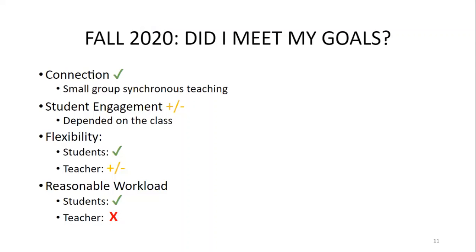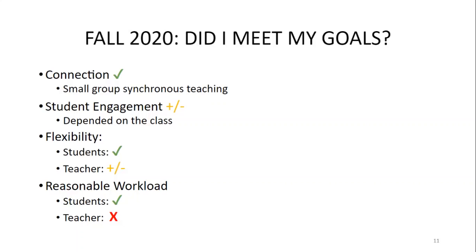In terms of student engagement, in some classes there was more engagement than others. I think, as you all know, certain things work with some groups and not with others. And so I'm still working on tweaking that. In terms of flexibility, the students commented that they really appreciated not being always synchronous with me and having the time to do their assignments and to meet with me only a little bit of the time a week.